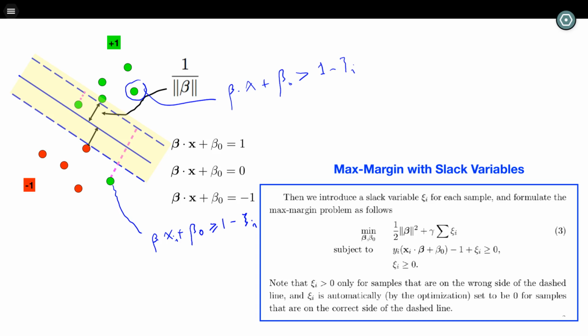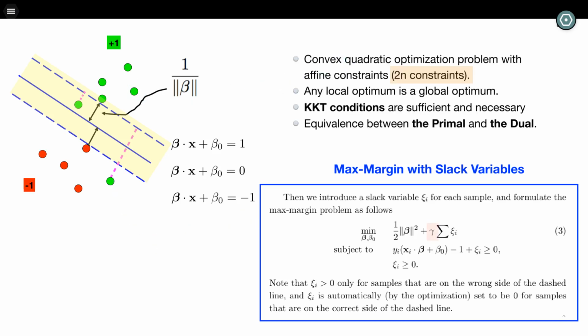Again, it's not too difficult because the objective function is still a convex function, and the constraints are convex constraints. I want to point out that the primal problem, the soft margin problem with slack variables, is still a convex programming problem.